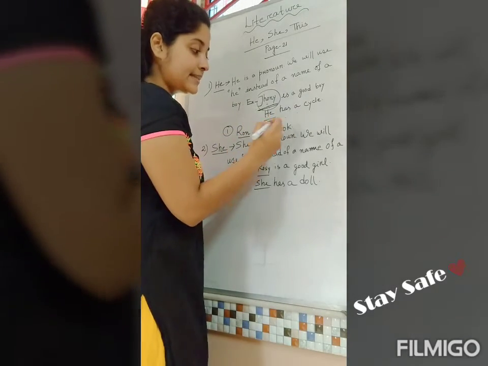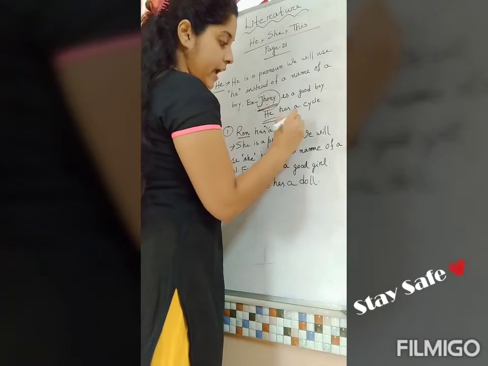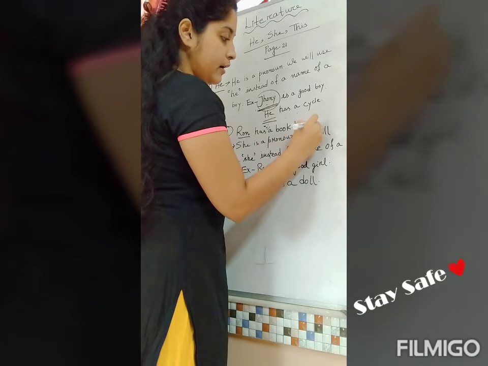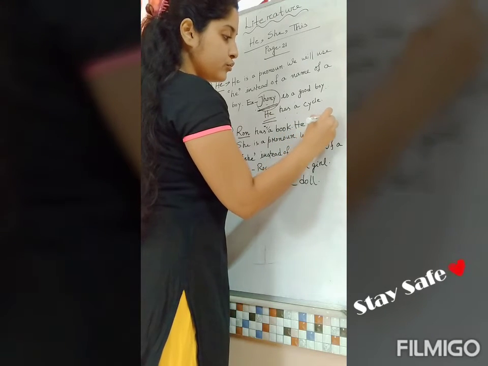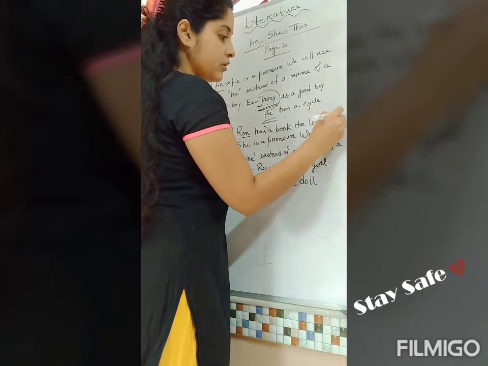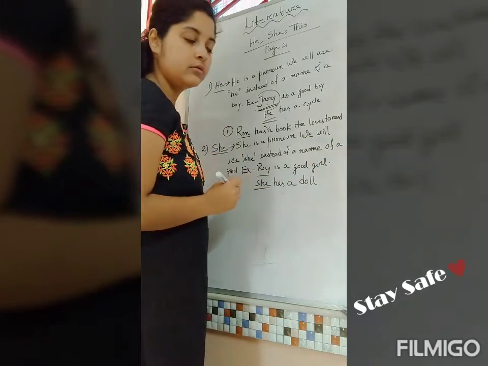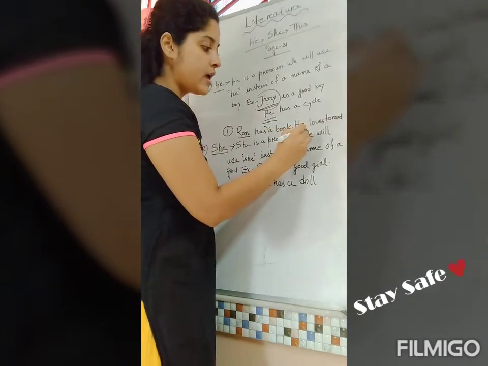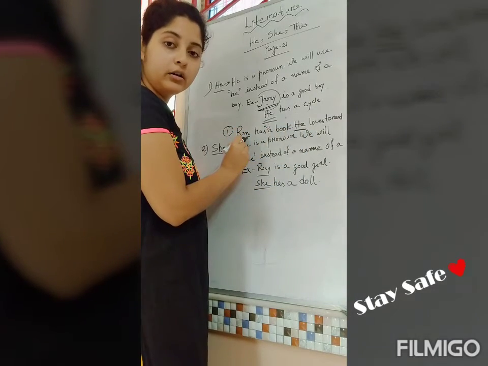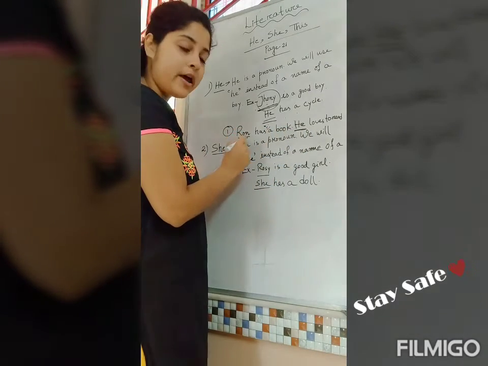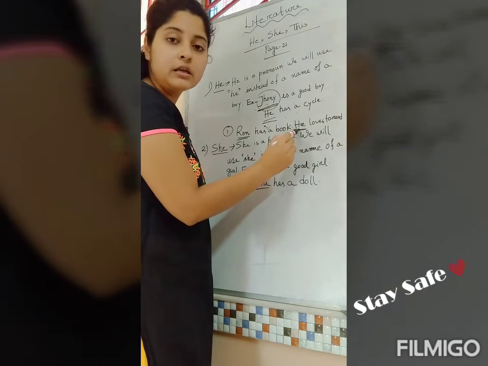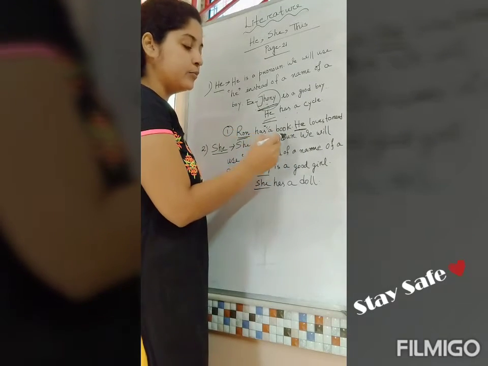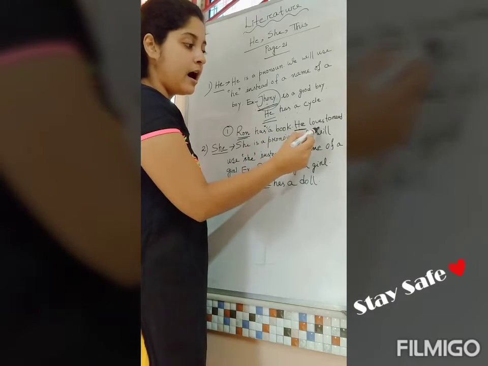In the next sentence, I'll write he loves to read. In the next sentence, I will use he instead of Ron. Ron is a boy. That's why I have used he. So Ron has a book. He loves to read.